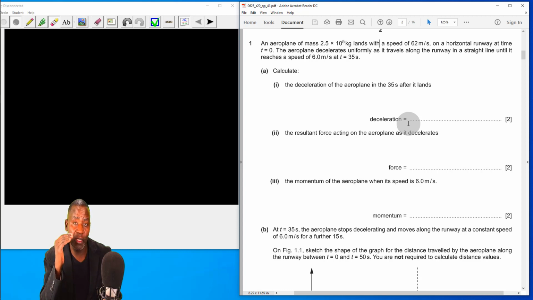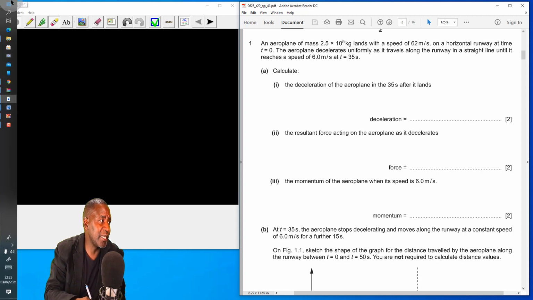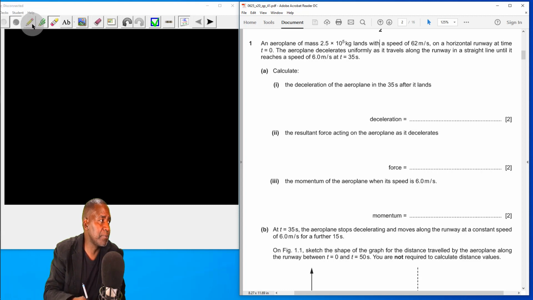Because the velocity has decreased, there is the word deceleration. The velocity changes from 62 meters per second to 6 meters per second in a time of 35 seconds. So we've got u. Let me just write the details for that part of the question.